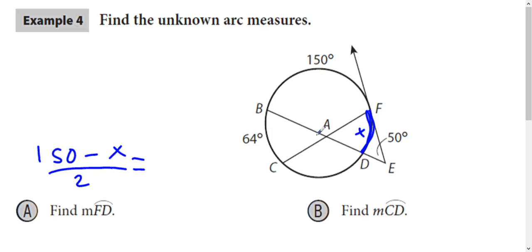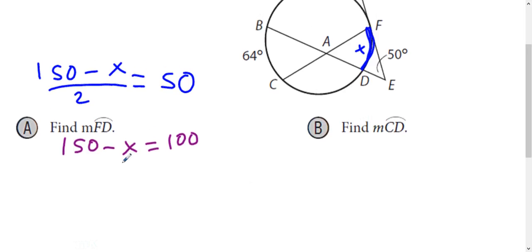Divided by 2 equals that angle right there, which is 50. The big arc is 150. The little arc is x. Big arc minus little arc divided by 2 equals the angle, which is 50. So solve it out. You're going to multiply the 2 over. You get 100. So it actually works out that x is 50.